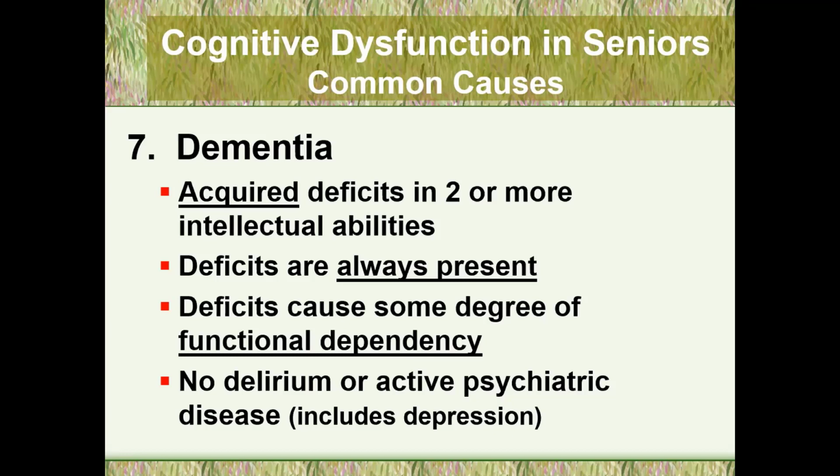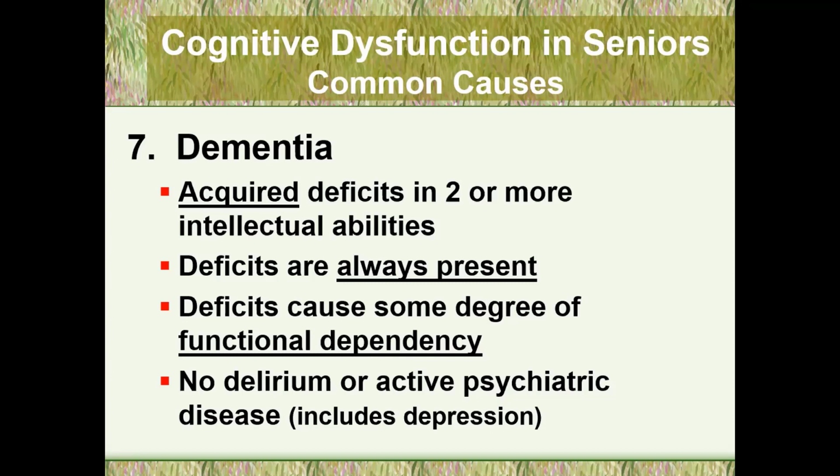Now, people with dementia can have good days and bad days, but they don't have normal days. The third criterion is that because of these deficits that are always present, the patient has some type of functional dependency. Maybe they need help balancing their checkbook or managing their finances, or maybe they're just completely on the far end of the scale and need complete total nursing care.